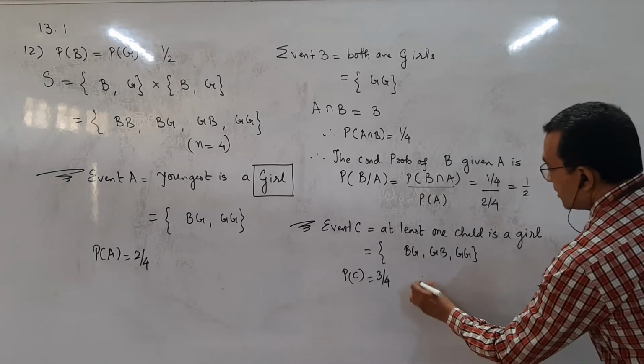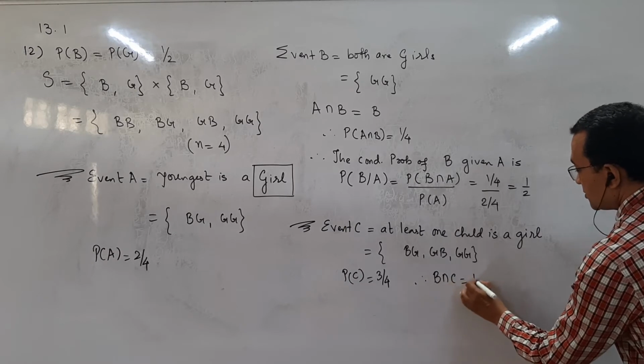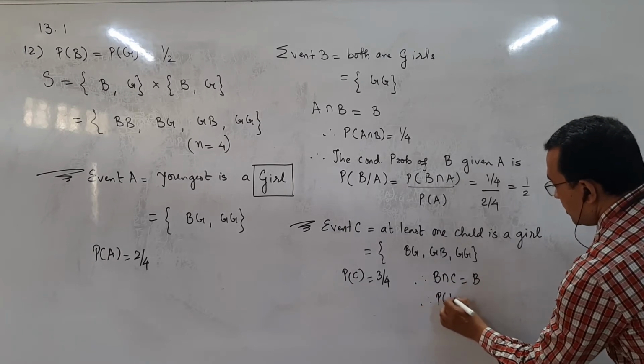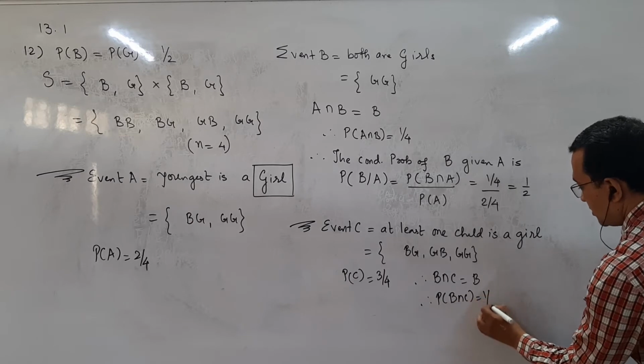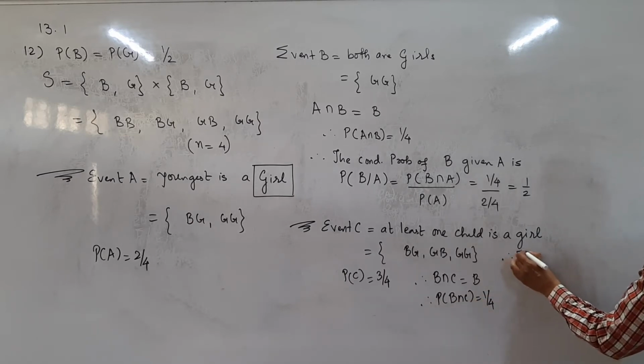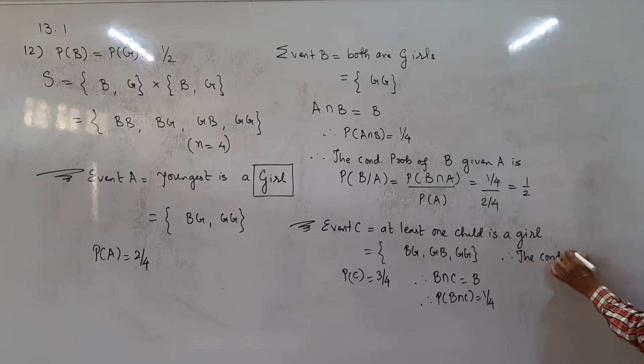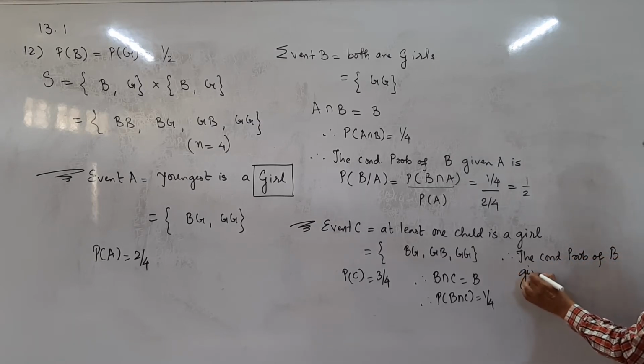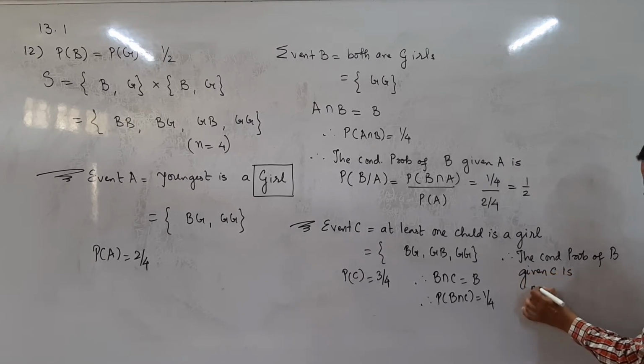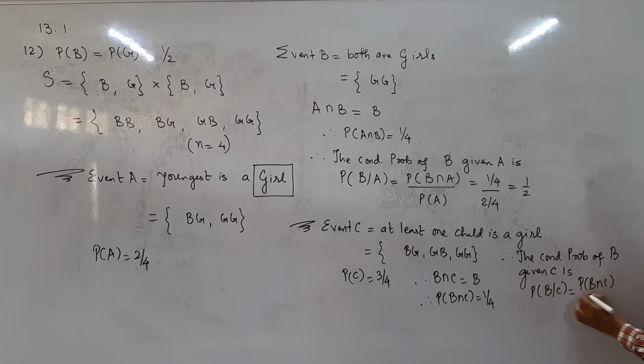Then definitely, students, B intersection C is B. Therefore, P of B intersection C still remains 1/4. Therefore, the conditional probability of B given C is P of B given C, which is equal to P of B intersection C upon P of C, 1/4 upon 3/4. So this answer is 1/3, students.